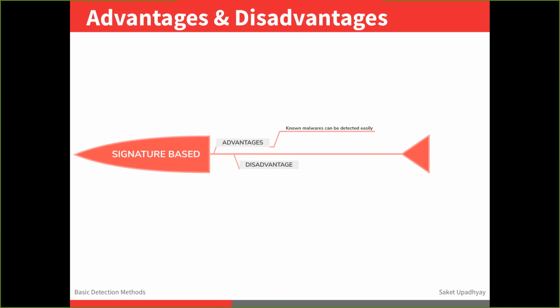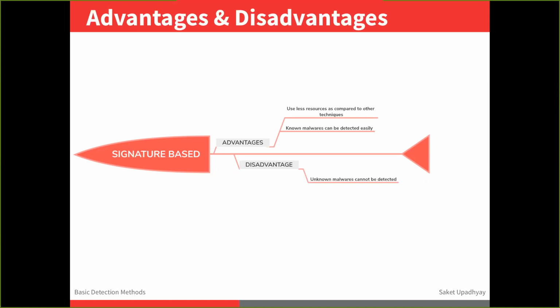The advantages of signature-based are that it can detect malwares easily. Known malwares can be detected very easily, and it is less of a resource eater than behavior-based. It will just check for static features and specific parts of the malware.